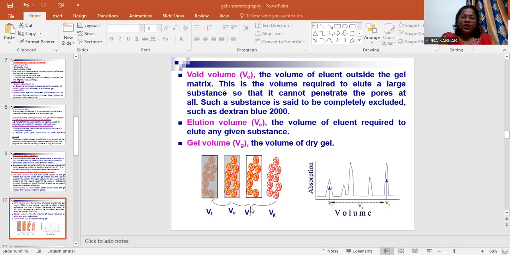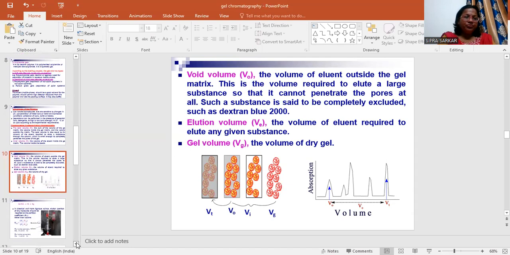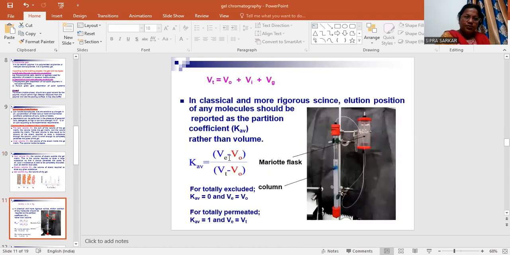You can get these definitions graphically. So you can get these definitions in your examination. What is void volume? What is elution volume? What is gel volume? And what is total volume? Now Vt is actually V0 plus Vi plus Vg, that is the void volume, inner volume, and gel volume.